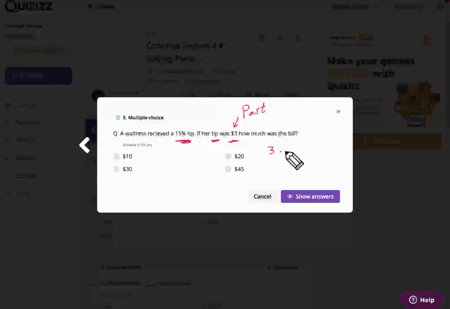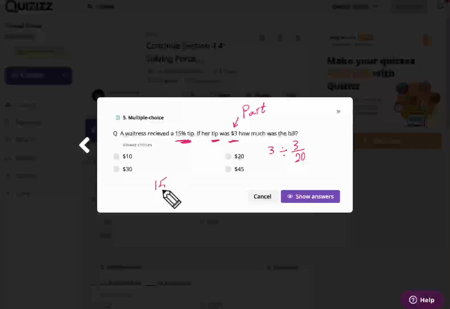3 divided by 15%. We can simplify 15%. Let's divide by 5. 15 divided by 5 equals 3. And 100 divided by 5 equals 20.